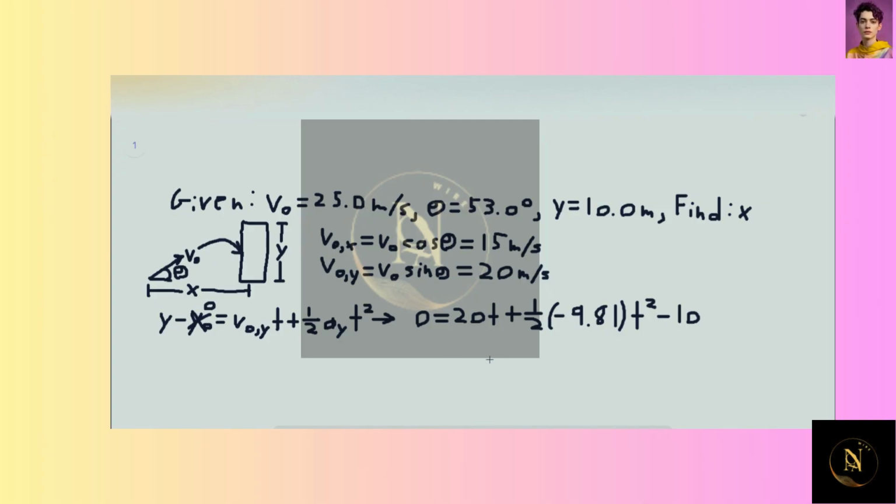So I get t is equal to 0.59 seconds. And I also get a value of t of 3.49 seconds. And again, we're getting 2 values because it's a quadratic we're solving.